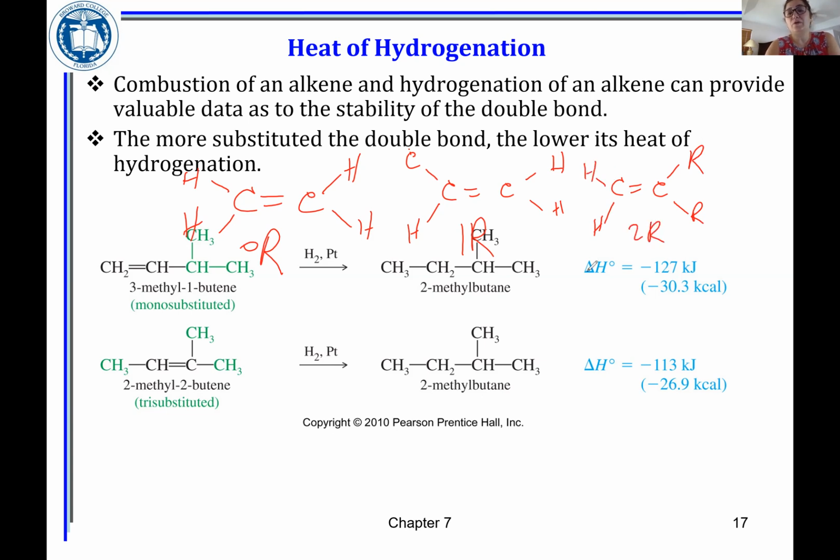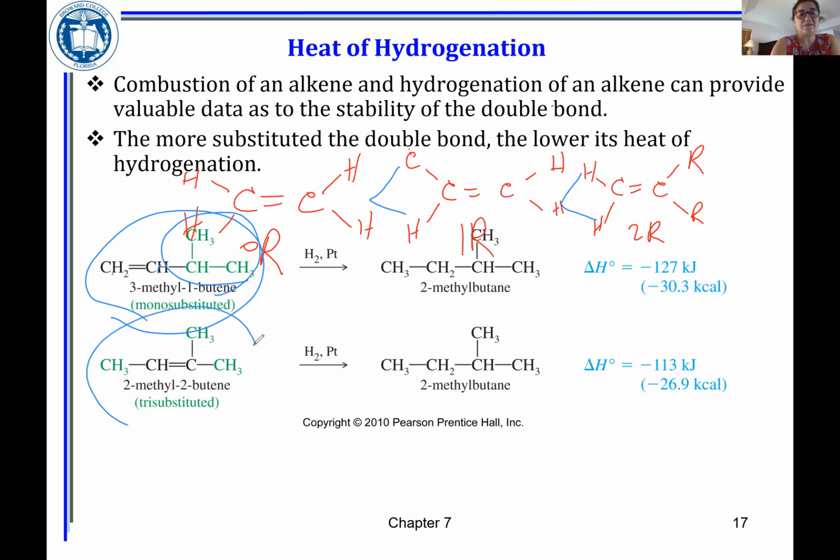The more R groups attached to the carbon double bond, the more stable the alkene is going to be. So 2R is more stable than 1R, and 1R is more stable than 0R. That makes the difference in these 2 molecules. Based on that definition, there is only 1 alkyl group and 3 hydrogens attached to the carbon-carbon double bond.